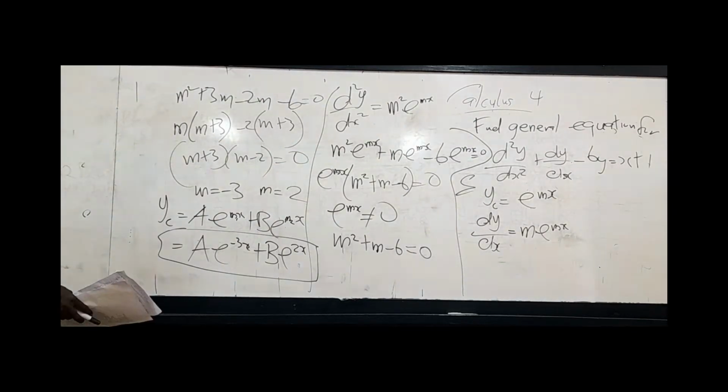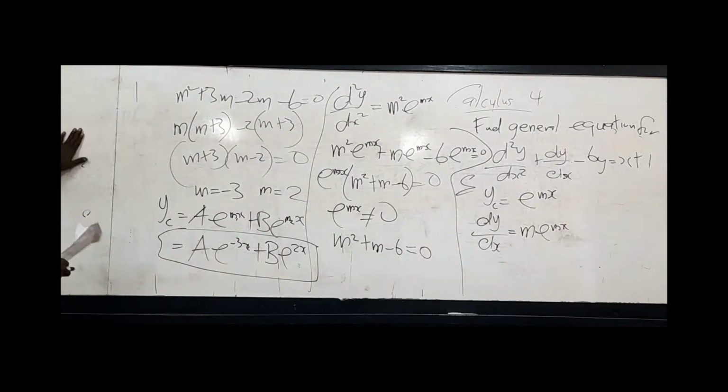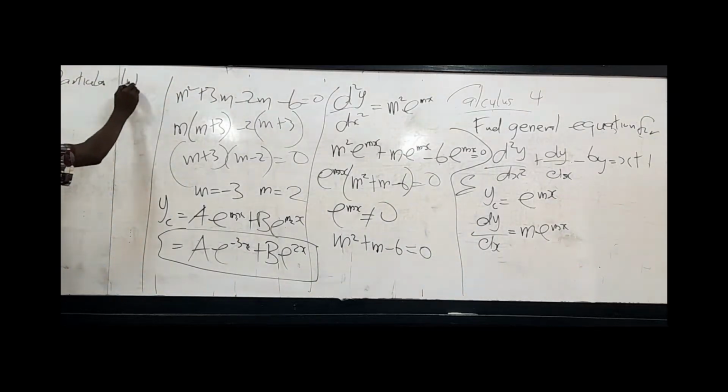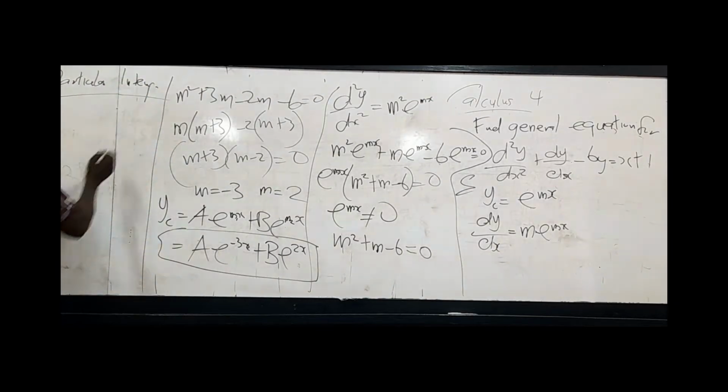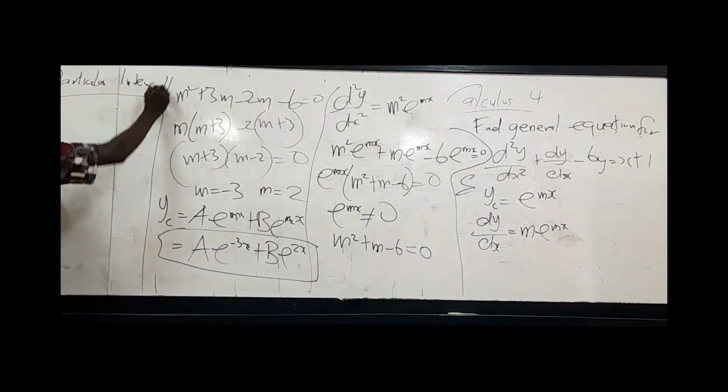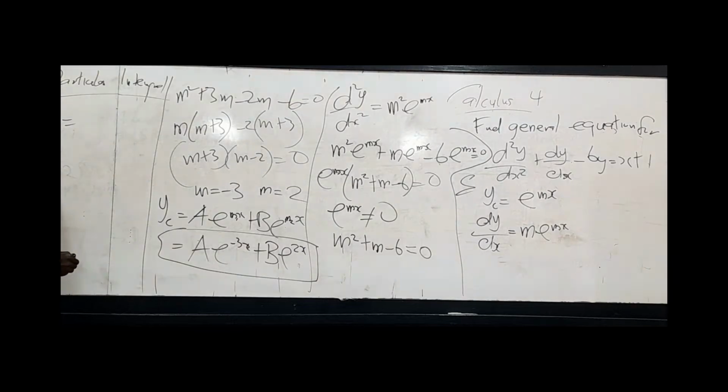Now, after that, we are coming to the particular integral. For the particular integral in this case, y is equal to qx plus r, which is the same as ax plus b, where these are all constants.